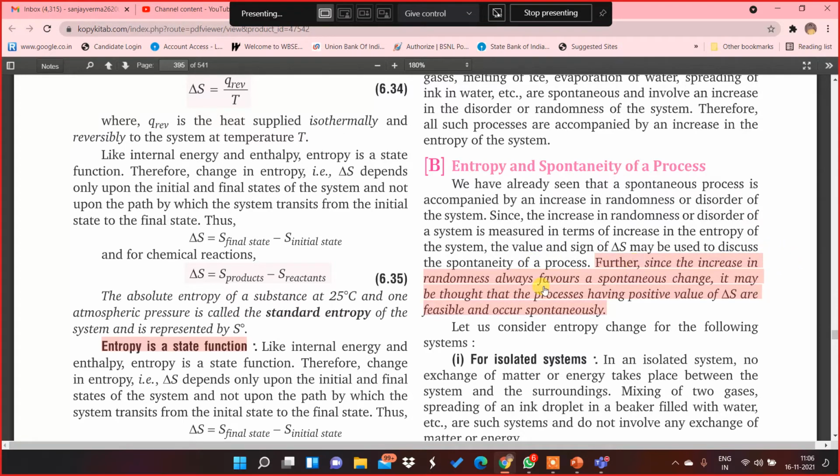Increase in randomness always favors a spontaneous change. So we can say that reactions which are having positive value of delta S, which is entropy change, are feasible and they occur spontaneously.